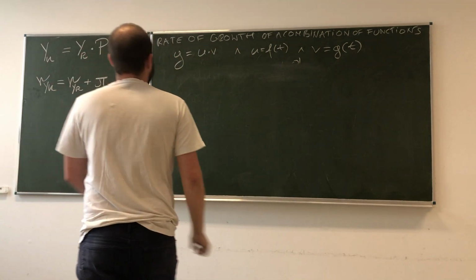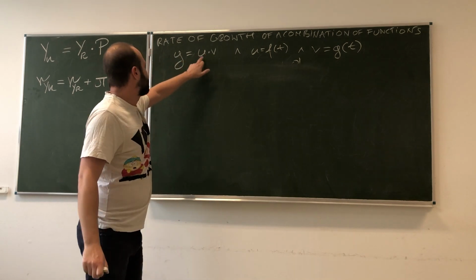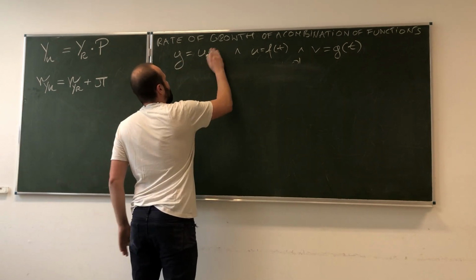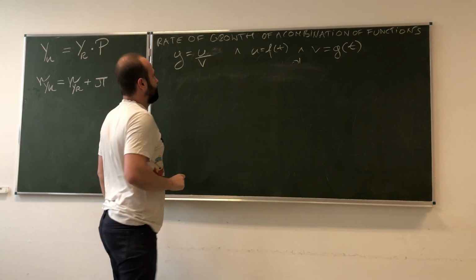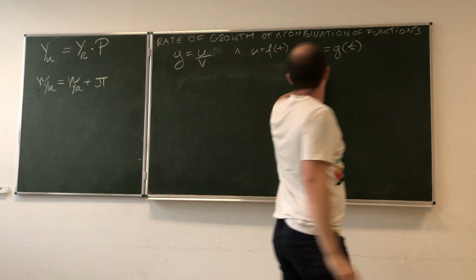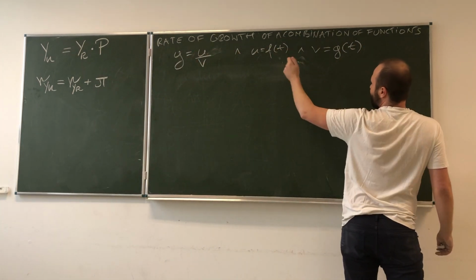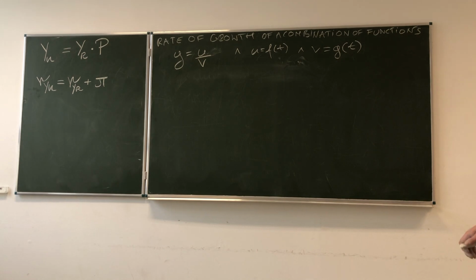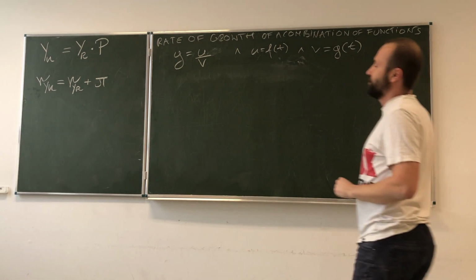For example, if I have y equals u over v, but I maintain all other assumptions. So u is some function of time, v is some function of time.